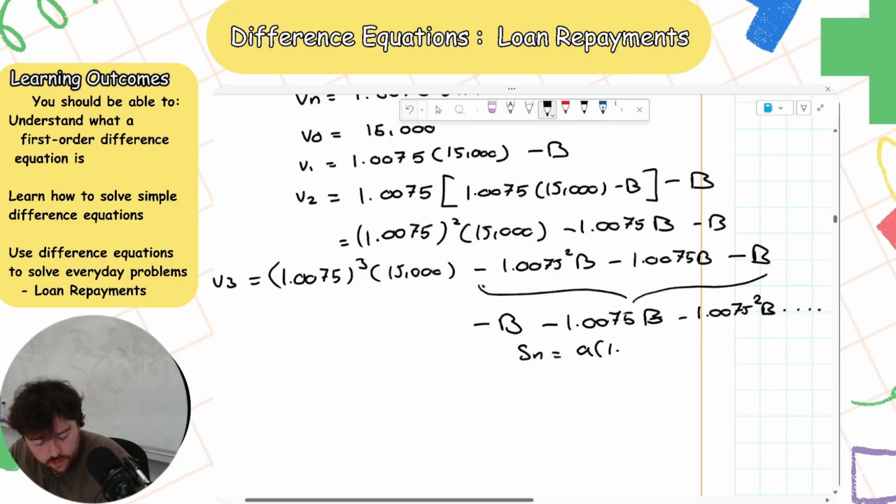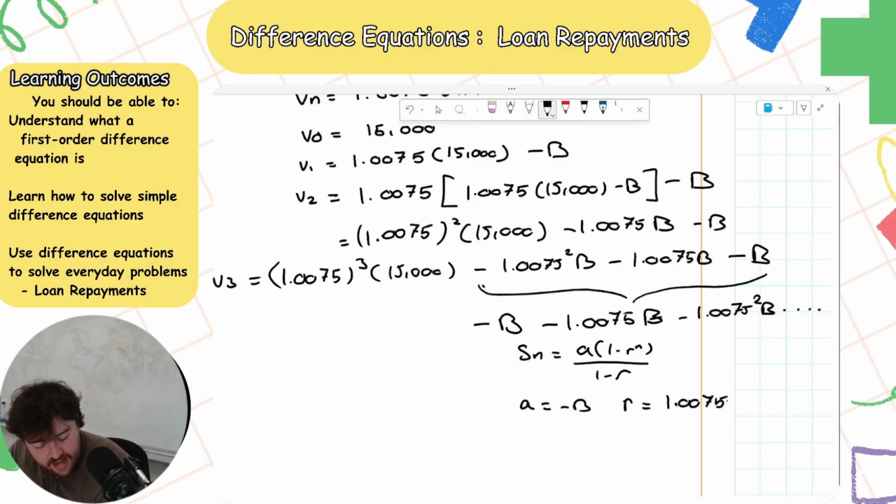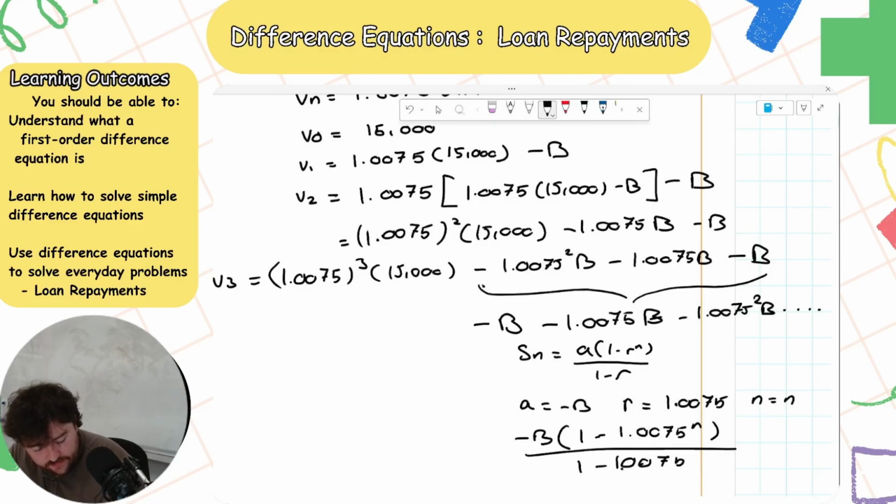The sum is a times 1 minus r to the n, all over 1 minus r, with a being minus B, r being 1.0075, and n just being n. So it's going to be minus B times 1 minus 1.0075 to the n, all over 1 minus 1.0075.